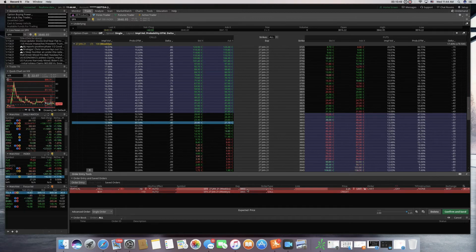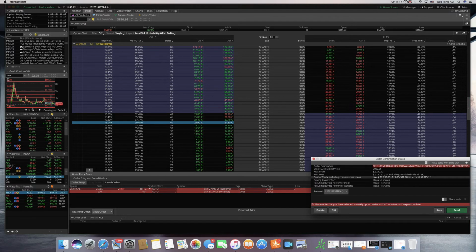So the width between these two strikes is $5. $5 minus the premium I received, $2.25, would be $2.75. $2.75 times 10 contracts, which is equivalent to 1,000 shares, would make my max loss $2,750.